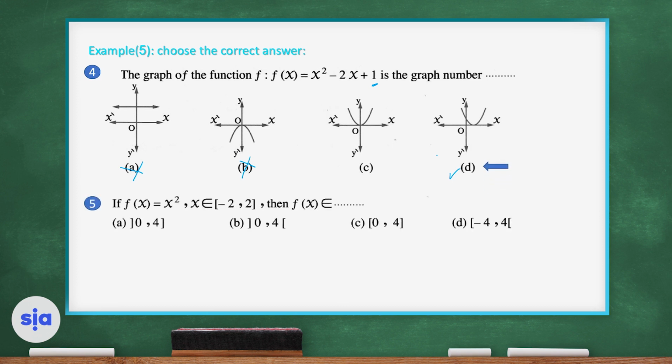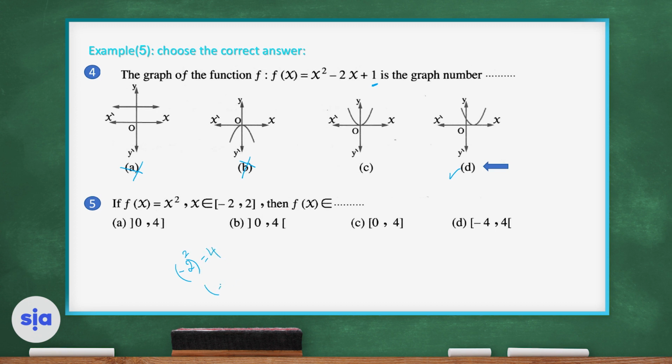Question 5. If f of x equals x squared, where x belongs to the interval from negative 2 to 2, then f of x belongs to, you're going to replace x by these values. Negative 2, don't forget to make the bracket, all squared equals 4.